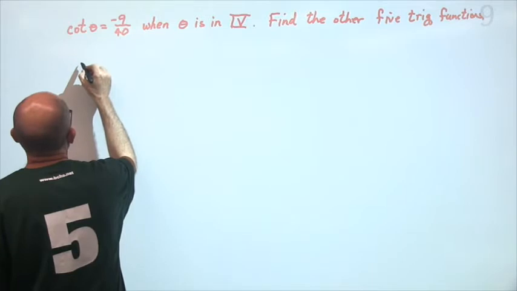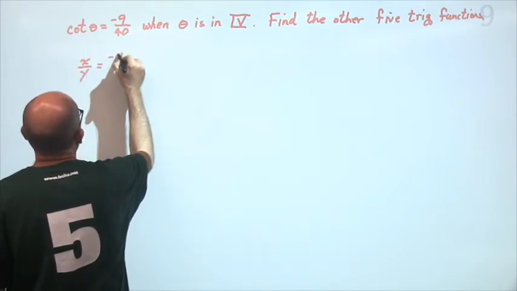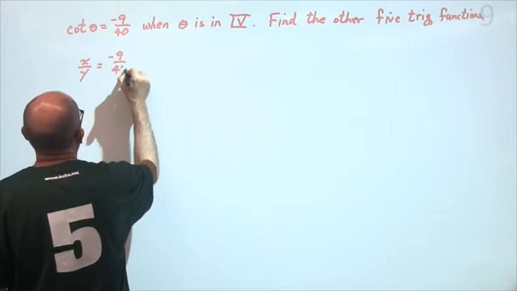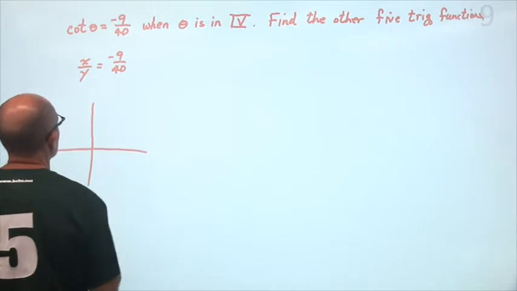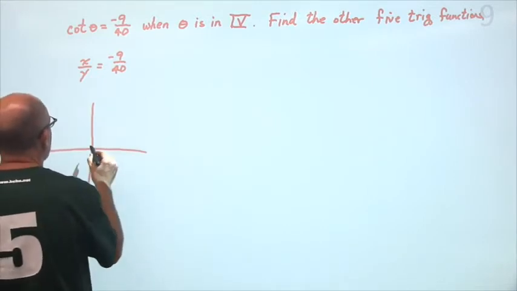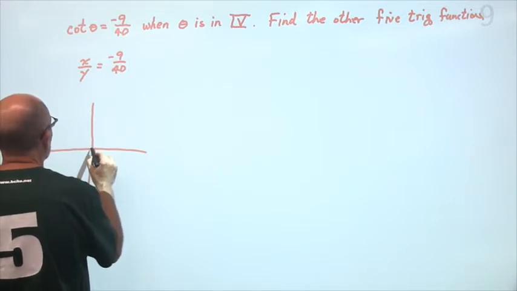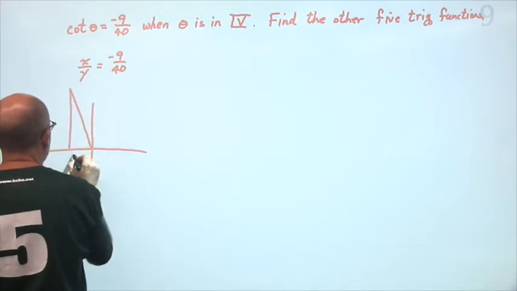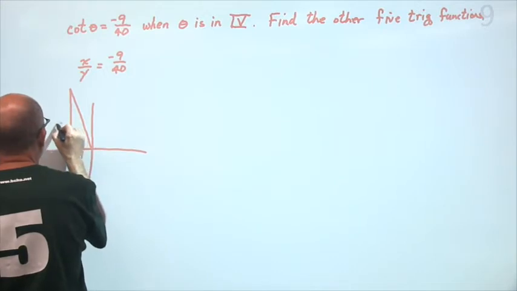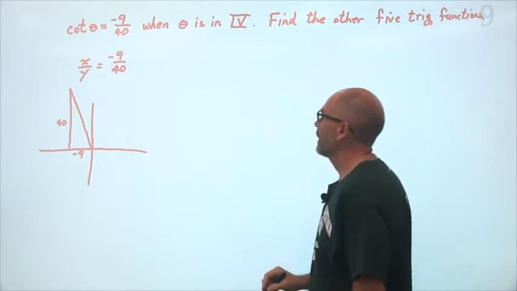Basically, we know that it's x over y equals negative 9/40. So if I draw that picture, basically what I'm saying is x is negative 9 and y is 40. So it could be up here, negative 9 and 40. There's a negative 9 to 40 ratio.